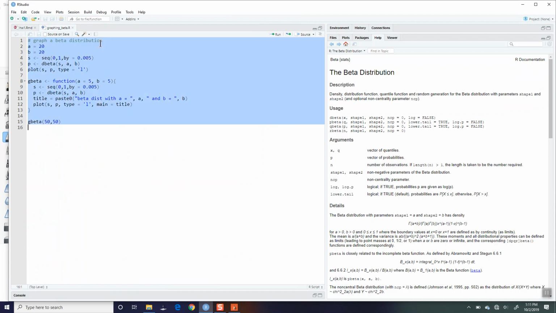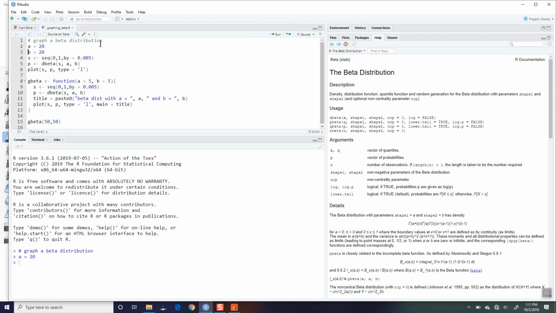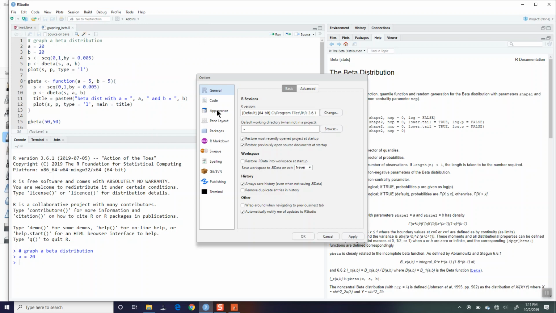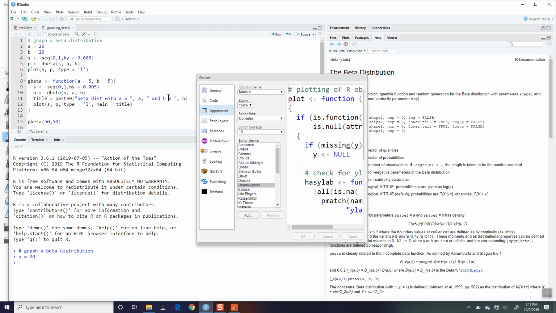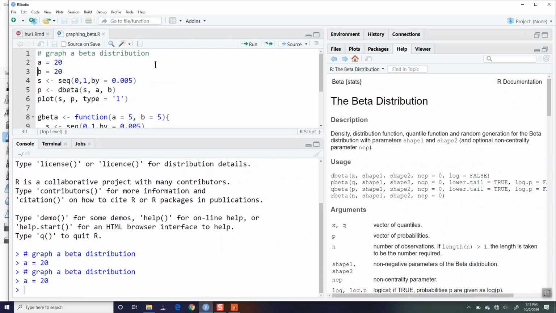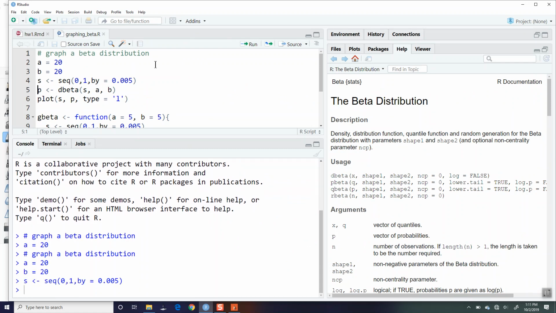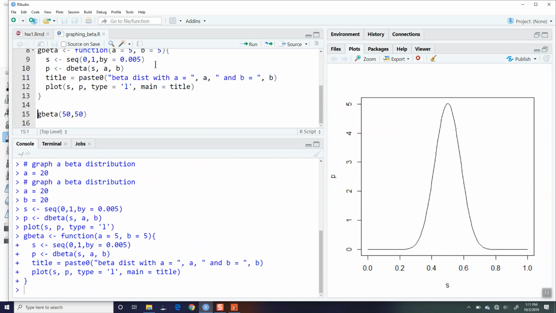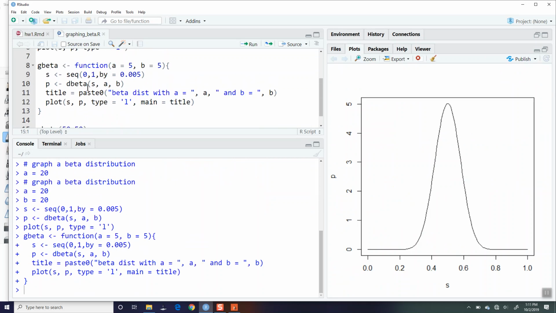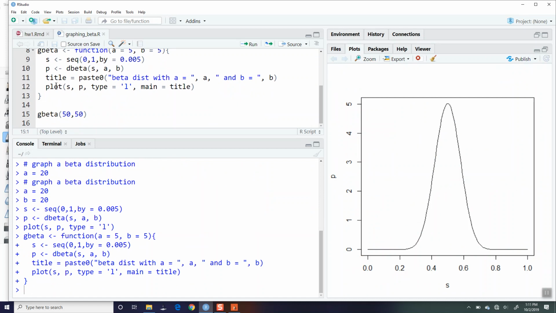Okay, so here I just have here. Let me make the text a little bit bigger for you guys. Here I just threw everything into a function called graph beta.